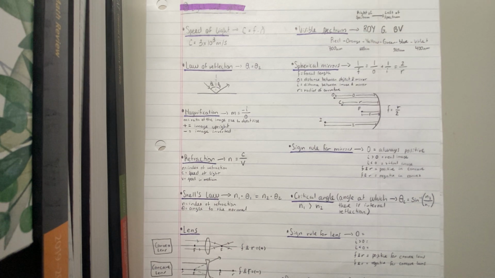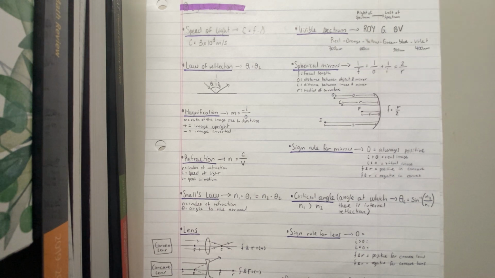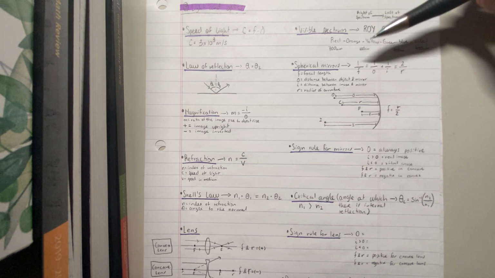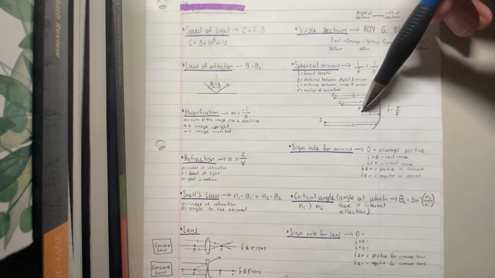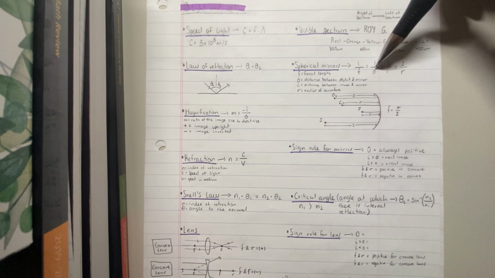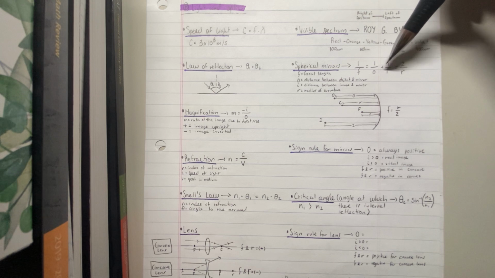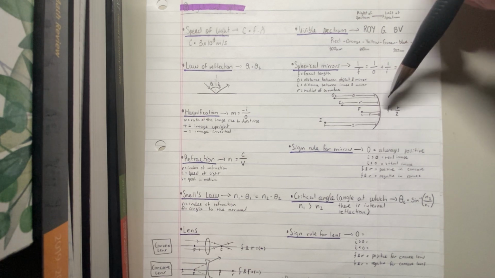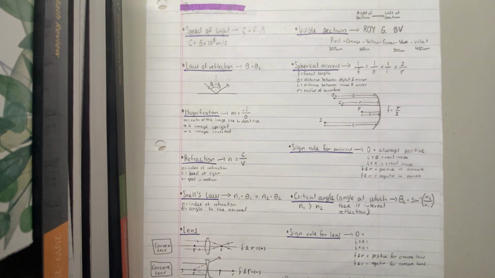One of the most important equations is here for spherical mirrors, which can also be used for lenses. It is 1 over the focal length, where the focal length is the length from the mirror to the focal point, equal to 1 over O, which is the distance between the object and the mirror, plus 1 over I, which is the distance of the image from the mirror.